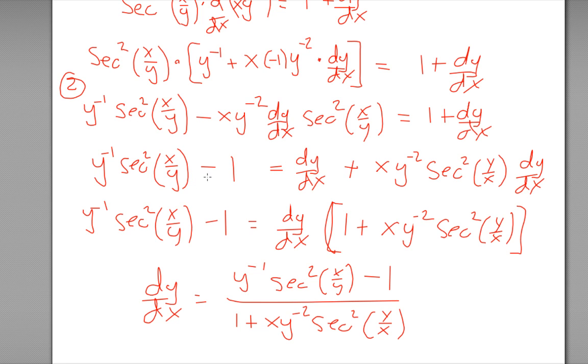So on the left the 1 comes over, that goes over there. Sorry, x over y, sorry, yeah, I gotcha. All right, yes, here this should be, thank you very much. So this should be x over y, x over y.